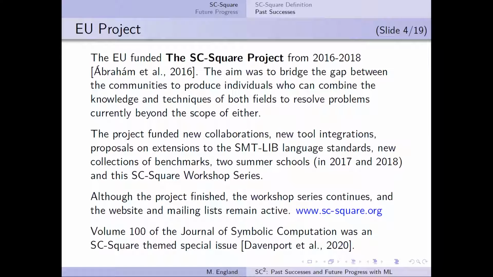Although that project finished in 2018, the workshop series has continued after it, and the website and mailing lists for SCSquared do remain active. And one particular success I'd like to point out is that volume 100 of the Journal of Symbolic Computation was an SCSquared themed special issue published last year.